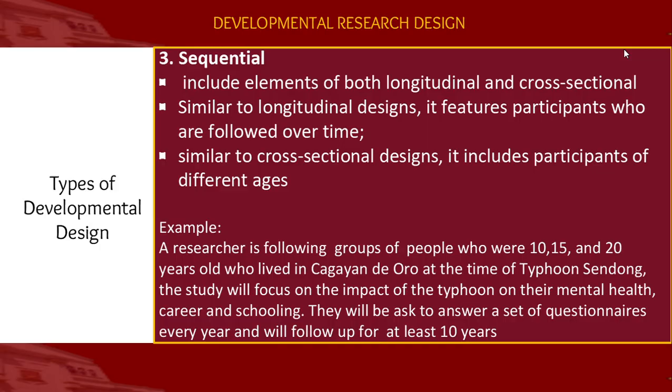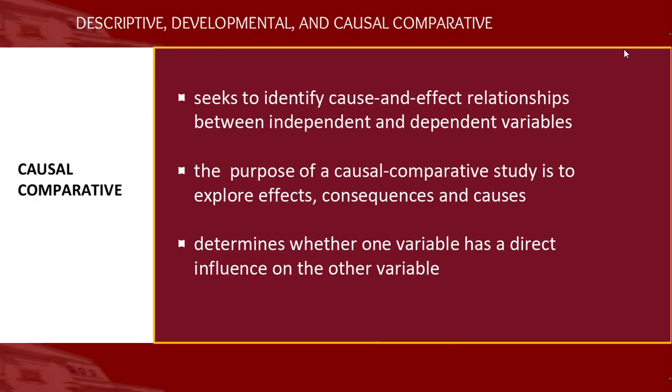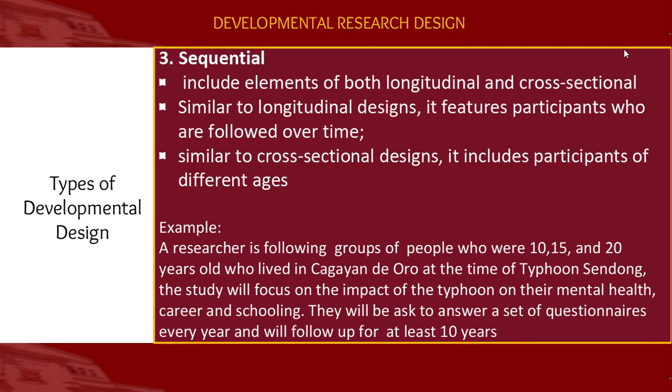So they will be asked to answer a set of questionnaires every year and will be followed up for at least 10 years. So those are the concepts of developmental research design.